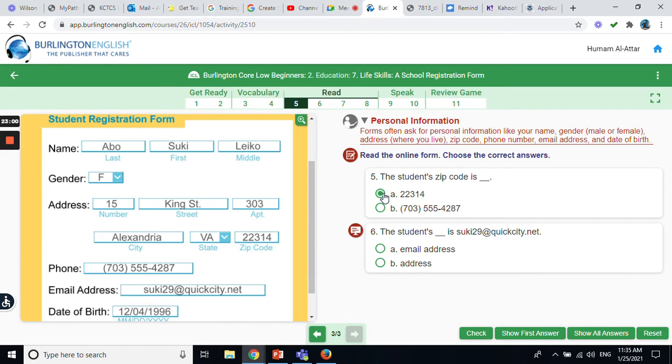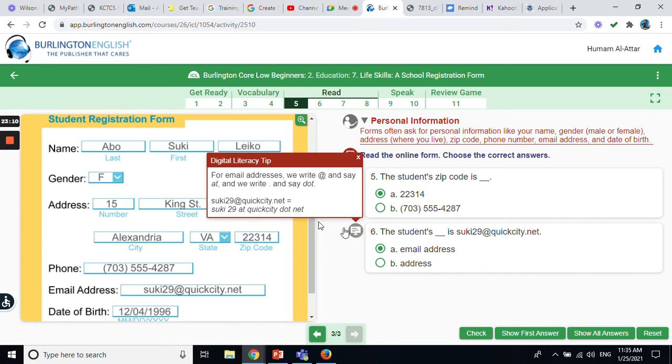The student's email, the student something is, well, I answered that accidentally. I'm sorry. This one is A. For email address, we write this sign, which means at, okay? And we write this little thing here, and we say dot.